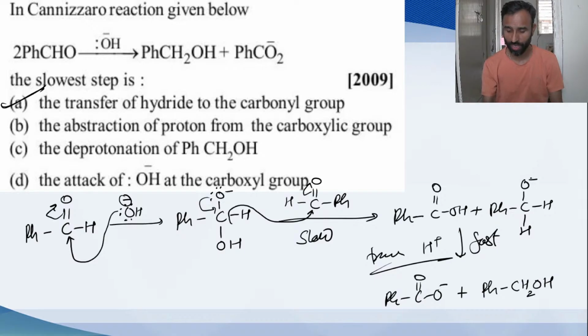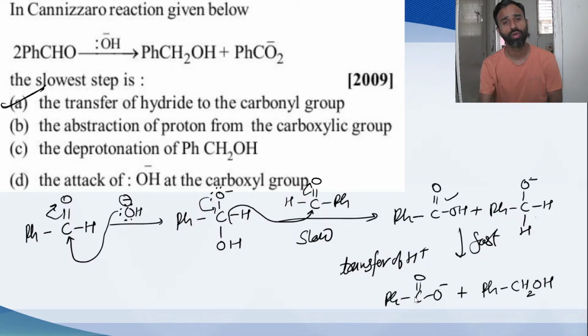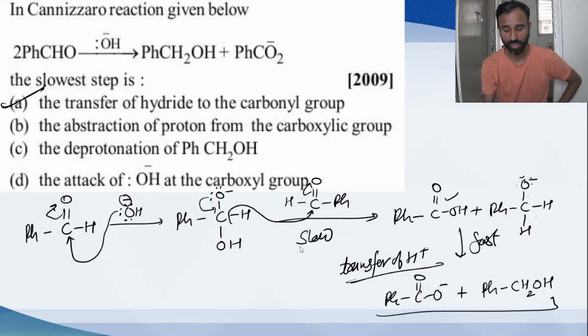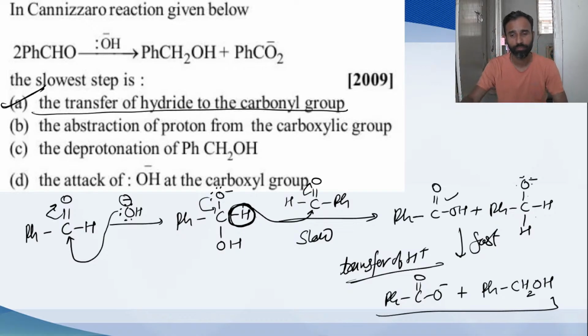This is the mechanism of Cannizzaro reaction, and in the last step, there is transfer of H plus from acid to alkoxide, and that's why this is a fast step, because the acid gives H plus and the alkoxide is acting as a base and accepts H plus easily. That's why it is a fast reaction. But this transfer of hydride ion to the carbonyl group, it is transferred as H negative ion with electron pair. Okay, that is the slow step.